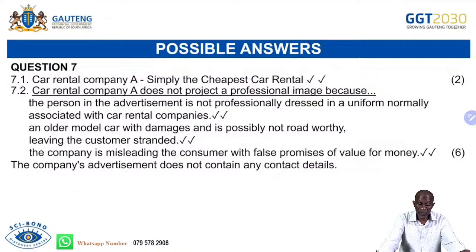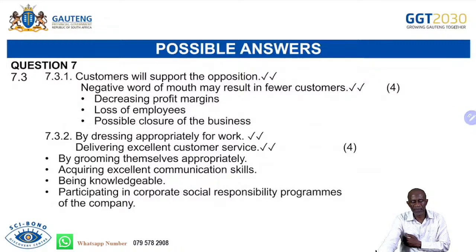The company is misleading the customer with false promises of value for money. The company advertisement does not contain any contact details. So these are the reasons why one could say it's not projecting a professional image.